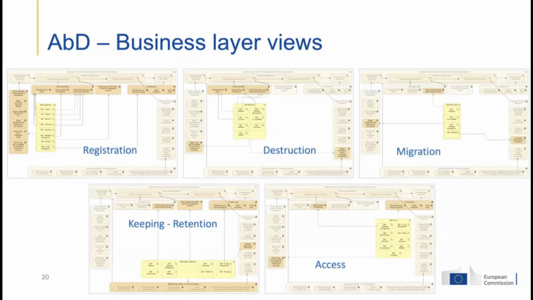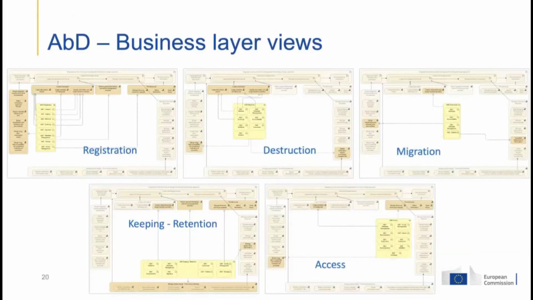And we have created these five views: registration, destruction, migration, keeping and retention, and access DUTO functional groups. And within them are the DUTO functions and all the connections to the capability elements of the strategy layer.